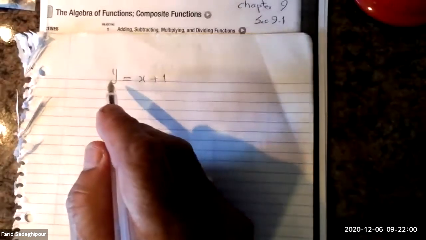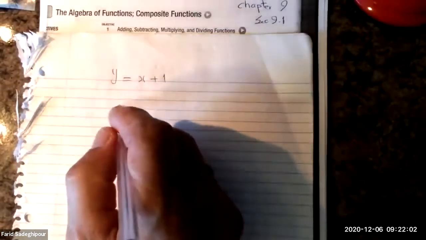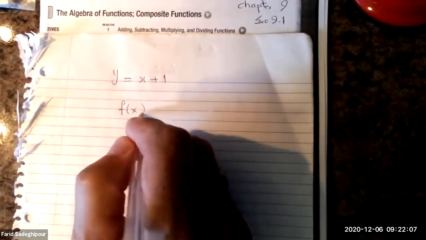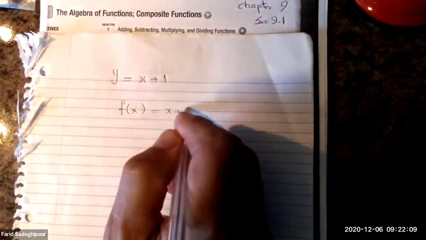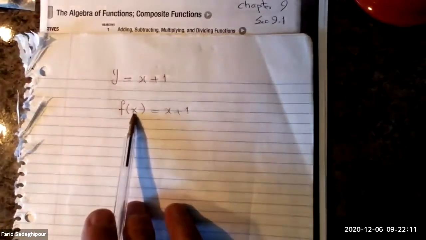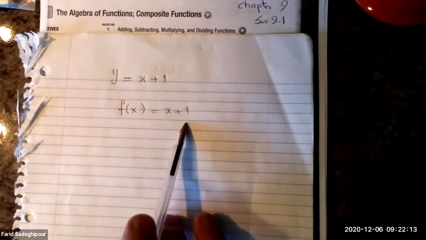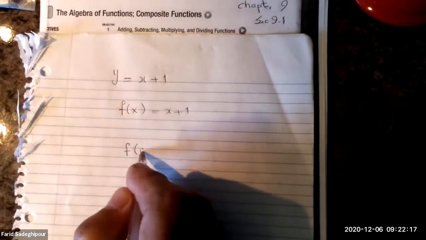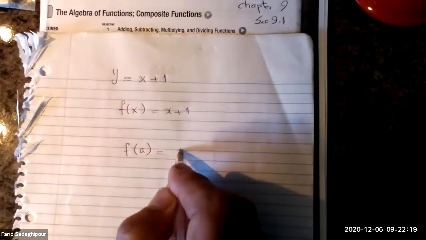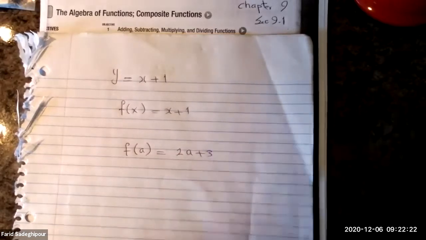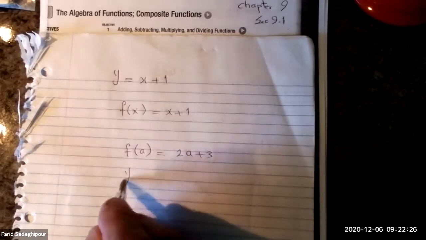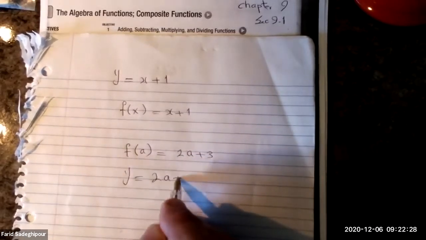So sometimes instead of just showing the y, we just say f of x. F of x and y are the same thing. The only difference is when you write f of x, that means you have a variable of x. So if you have f of a equal 2a plus 3, that means you have the equation of y equal 2a plus 3.